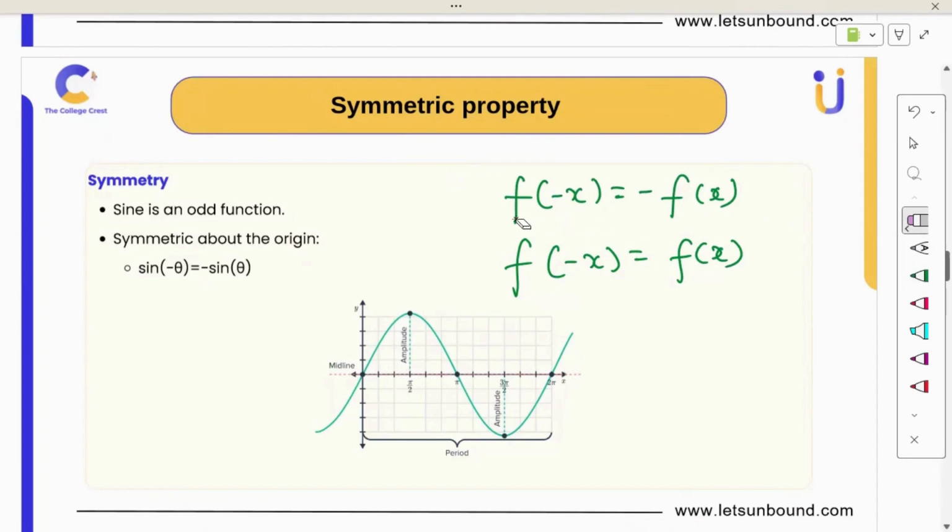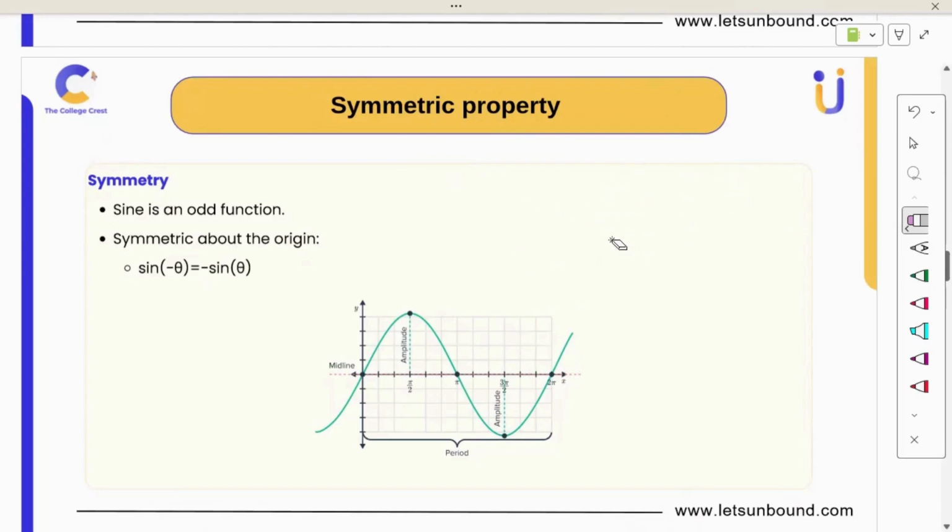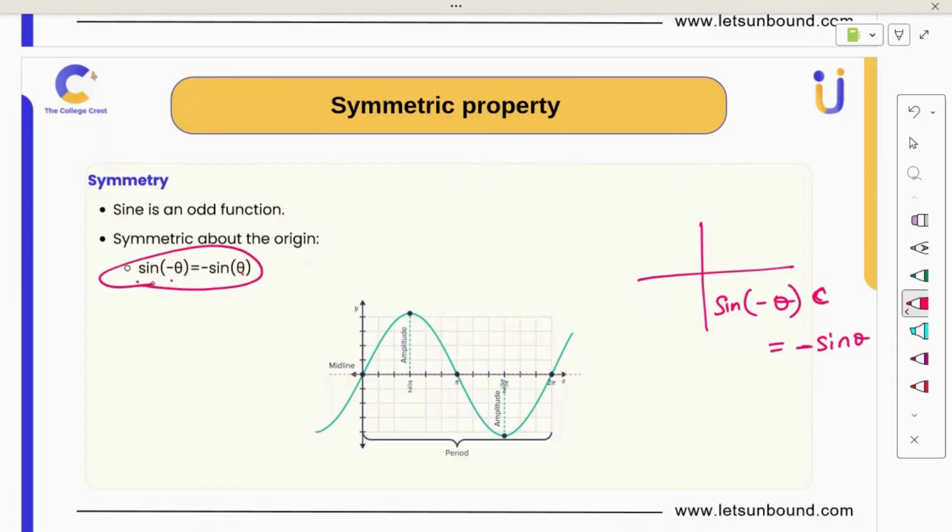Now sine is an odd function, and an odd function is always symmetric about the origin, because sine of minus theta is minus sine theta. Minus theta will be in the 4th quadrant, where only cos is positive, so sine will be negative. So sine of minus theta is minus sine theta, the odd function condition, right?